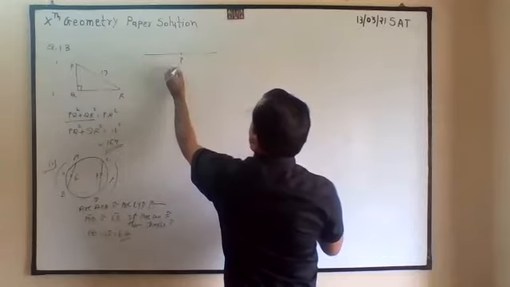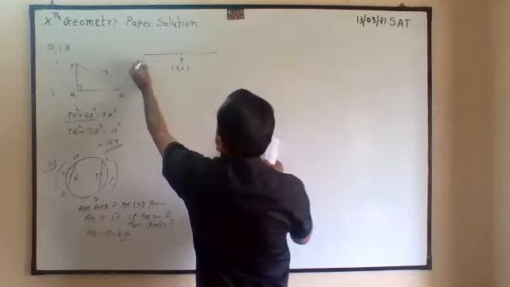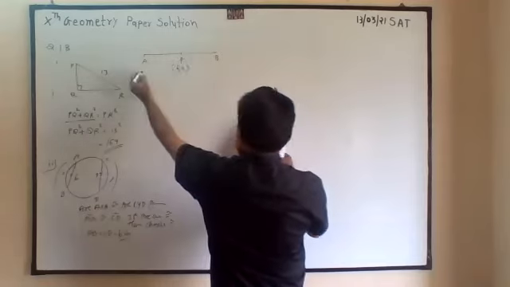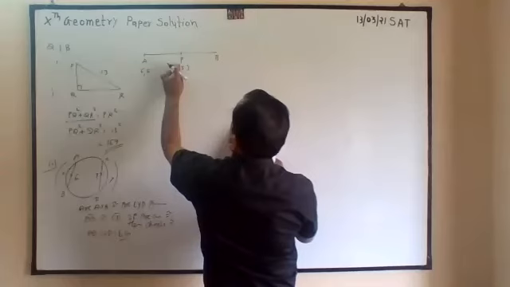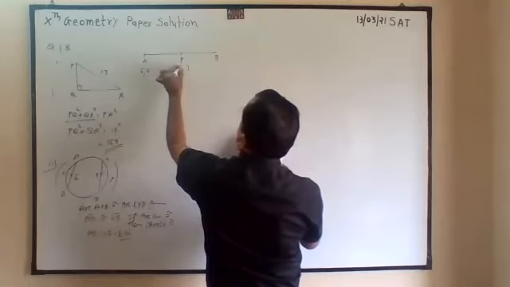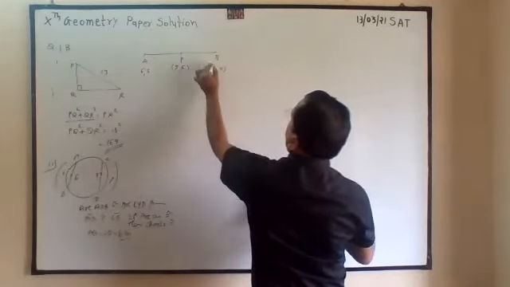P is the midpoint of AB. A is (6, 5), B is (4, y).